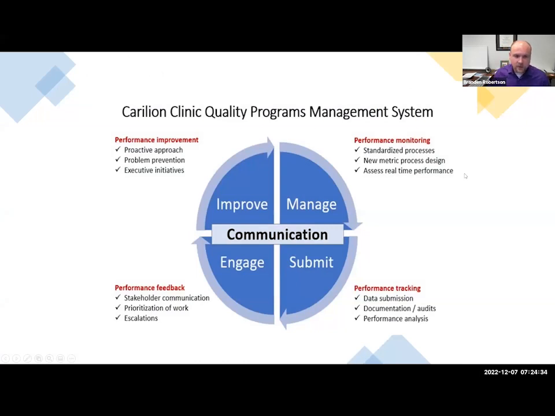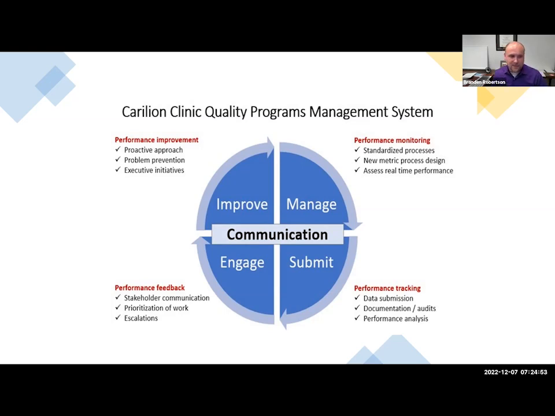All right, so at Carilion, we have a governance structure for our consolidated quality program. All of those things that we just talked about, we work really hard to make sure that's proactive. This is relatively new work for our organization in this way.